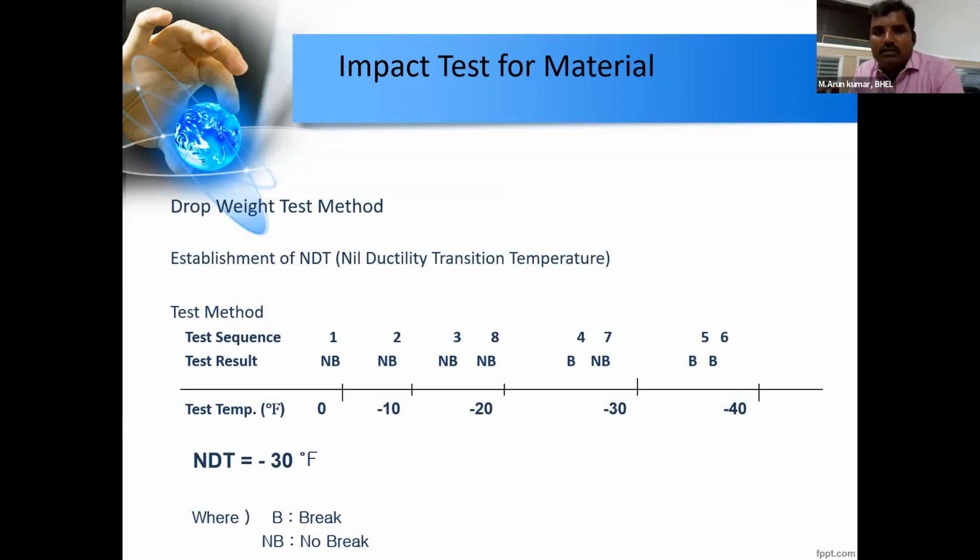For example, I'll explain for a material how RTNDT is established through the drop weight test. Here we conduct one drop weight test at 0 degrees Celsius, then at -5, conducted with a difference of 5 degrees Celsius.